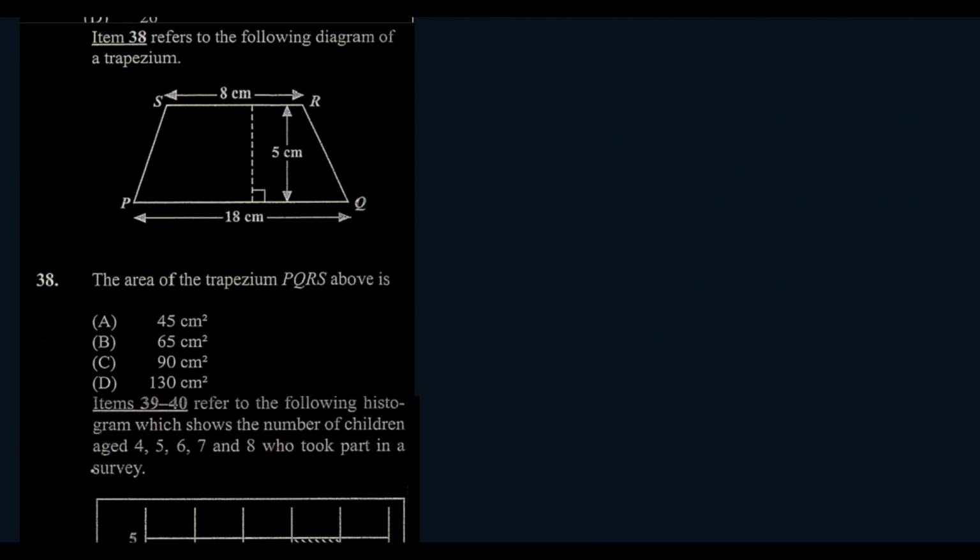Alright, so for this one here, it says the area of the trapezium PQRS above is. Alright, so the area of a trapezium. Now the area of a trapezium can be represented as half multiplied by A plus B. Now what does A plus B represent? A plus B represents the parallel lines. And then we're multiplying it by the height.